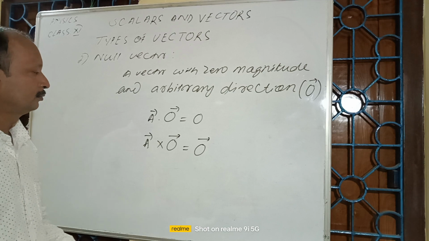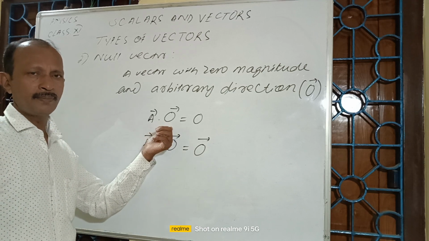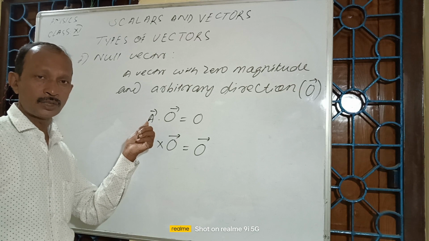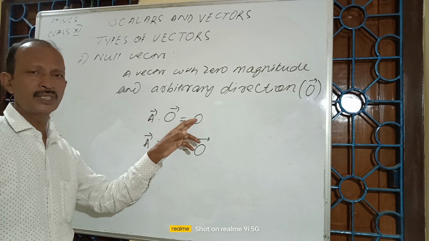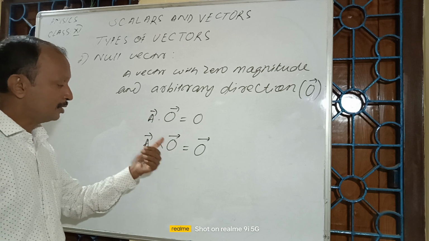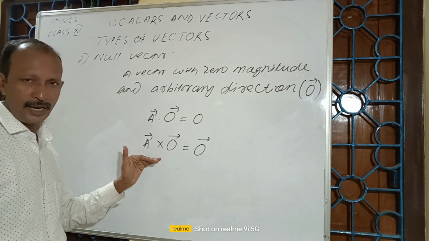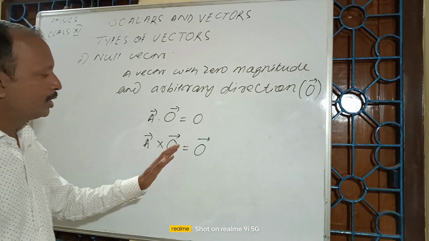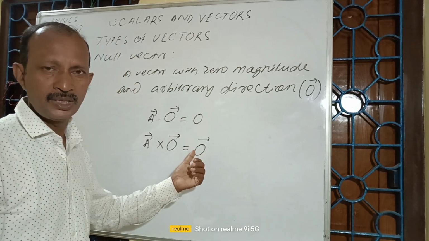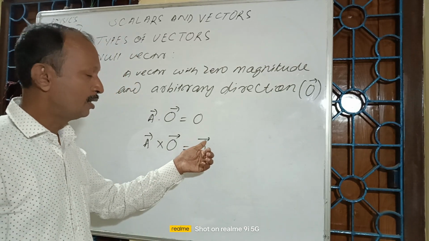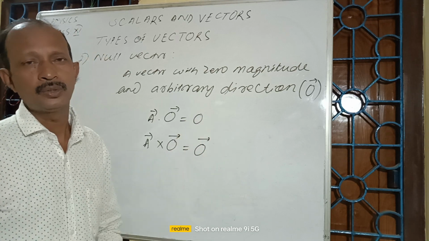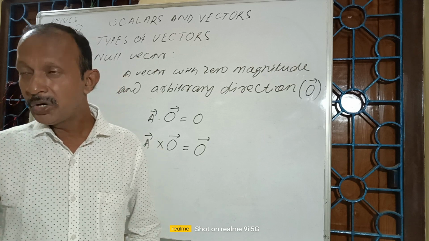See here. Here the null vector multiplied with vector A in dot product, the answer is 0. But when I multiply the same thing with the help of cross product, the answer is the null vector. I have mentioned here the vector symbol, but here it represents only 0. This is about the null vector.